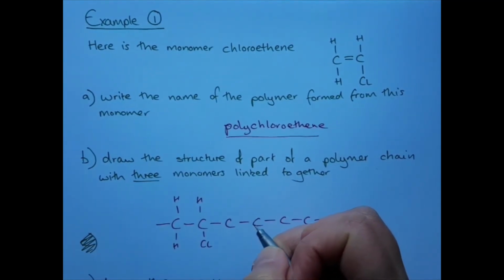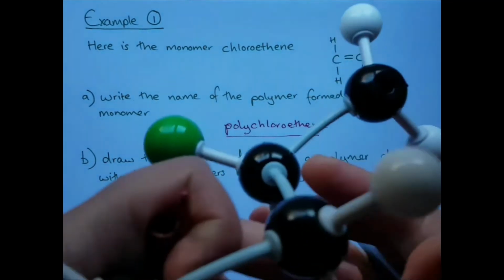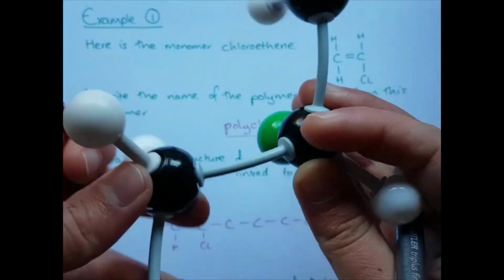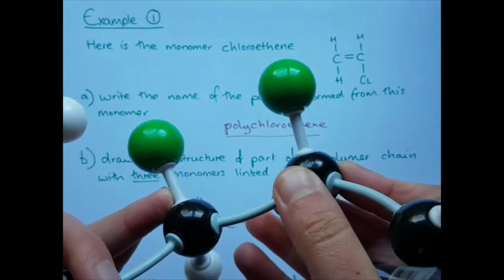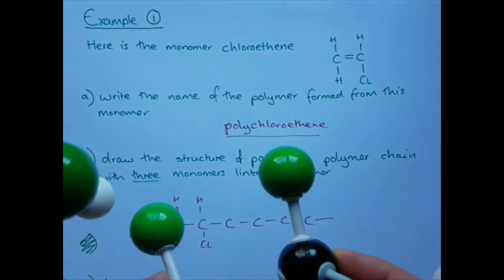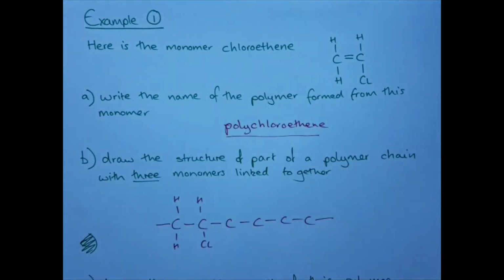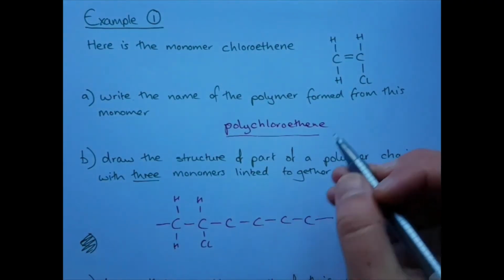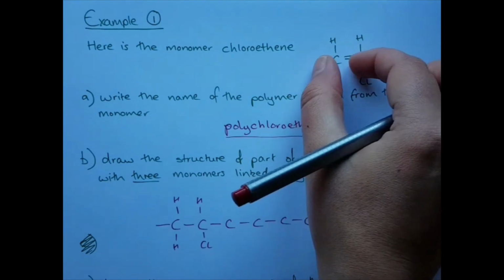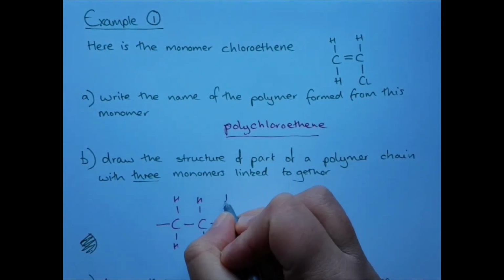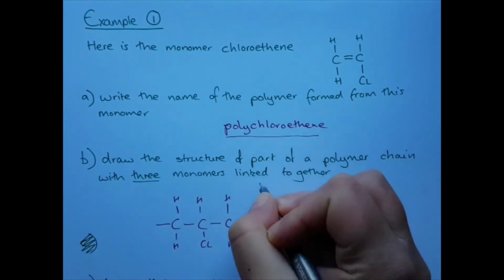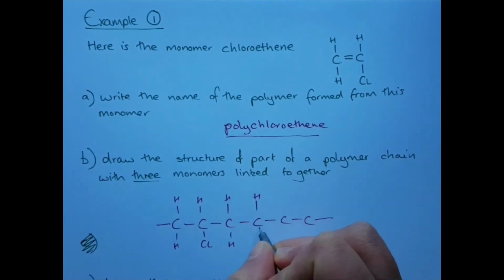And actually, I think I did mine when I made the model. If you see, I did end up with 2 chlorine atoms beside each other. But for simplicity's sake, we will imagine that we don't have that, and that each monomer lines up in perfect order, so that we always have the polymer with the exact same structure.